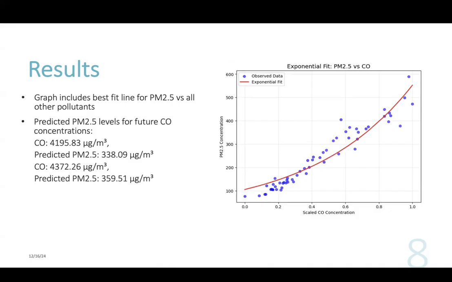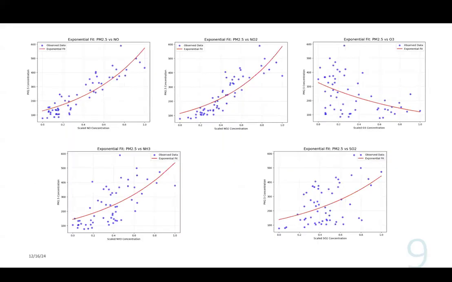In this case, for 4195.83 micrograms per cubic meter of carbon monoxide, it will predict the value of 338.09 micrograms per cubic meter. So these are the different graphs for the other pollutants.